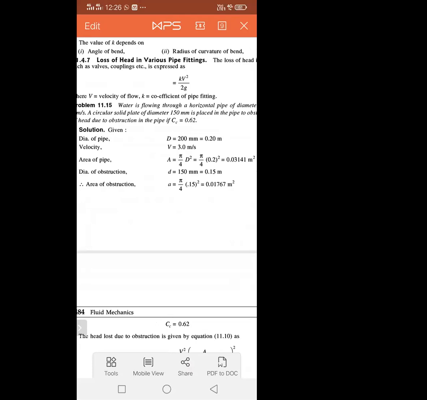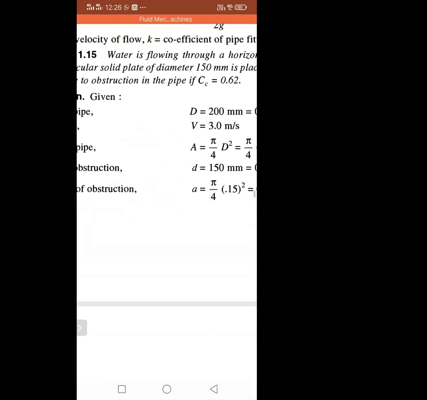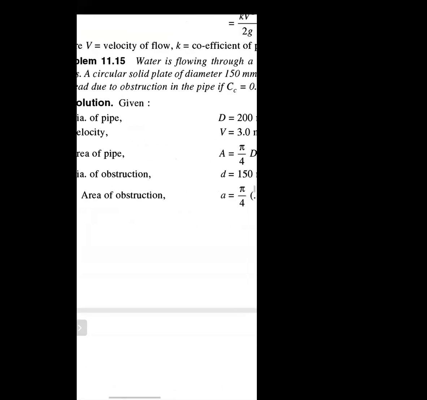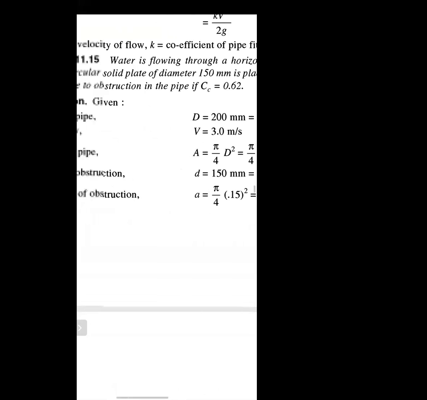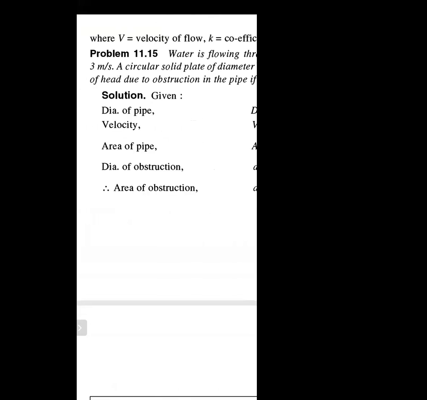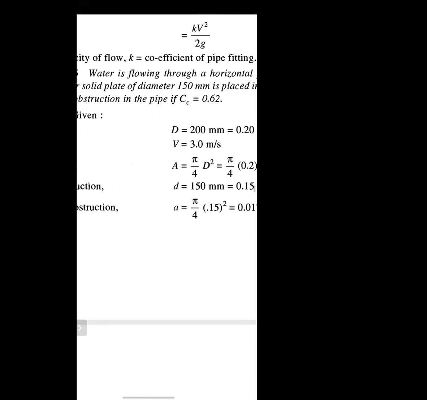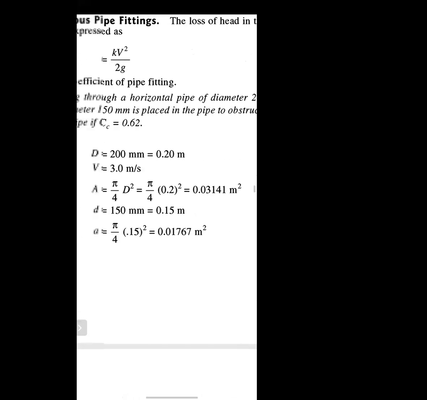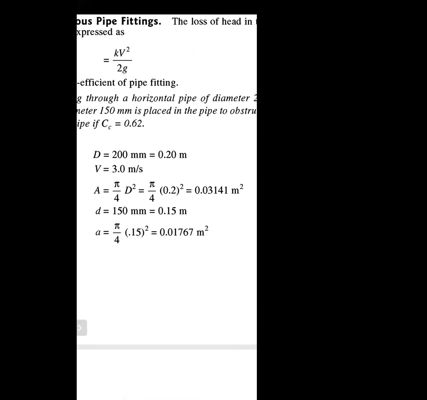According to the problem, given data: diameter of pipe is 200 mm, velocity V is equal to 3 meter per second. From the diameter, calculate the area. Then it has been given that a circular solid plate of diameter 150 mm is placed in the pipe to obstruct the flow, meaning there is some obstruction in the pipe flow.